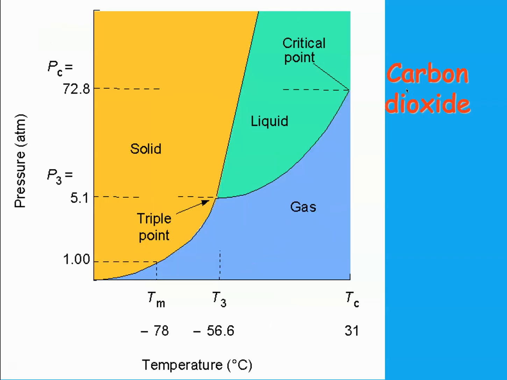Here's another one, carbon dioxide. Very different. Its critical temperature is 31 degrees. So once you are above 31 degrees, carbon dioxide will be a gas no matter what. Its critical pressure is 72.8 atmospheres at 31 degrees. The triple point is way down there. You can actually do this in the lab and create the triple point, which is kind of cool.